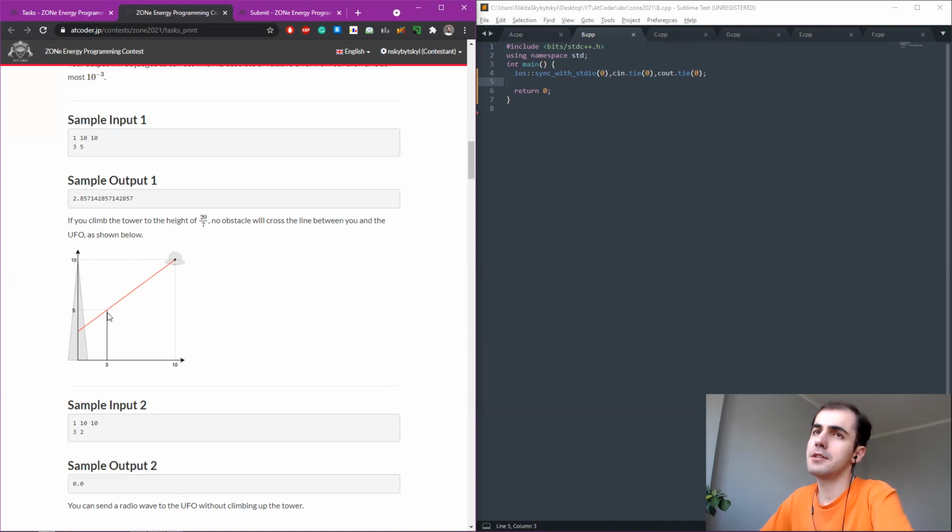I mean, there's Thales's theorem that says this. Let me draw something. Have like x, the obstacle is hi, I believe, and this distance is di. This is x, the height of the projection.